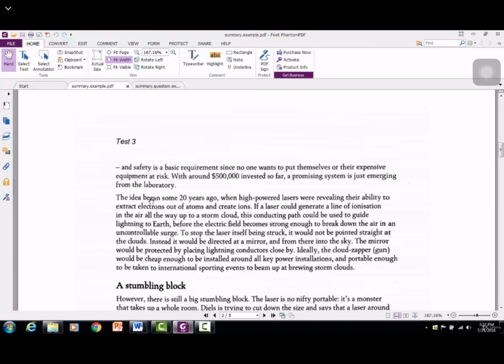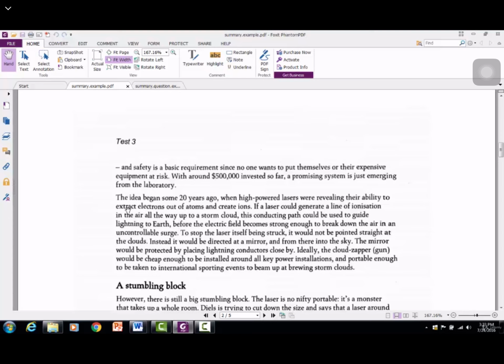Let's start at the beginning and look at our topic sentence. I'm right here in this paragraph that starts with the words, the idea. The idea began some 20 years ago when high-powered lasers were revealing their ability to extract electrons out of atoms and create ions. All right, so there's our answer right there: atoms.